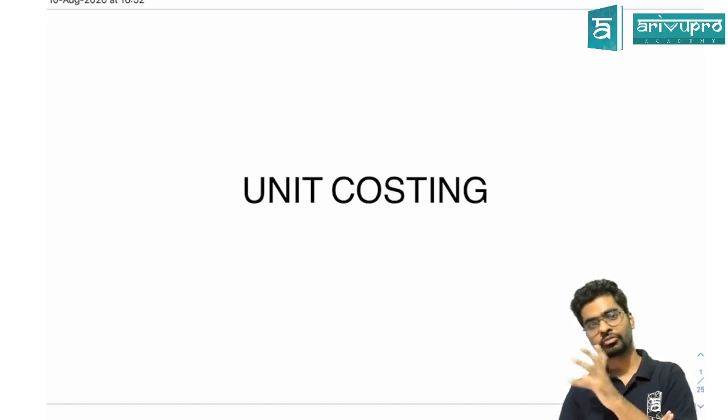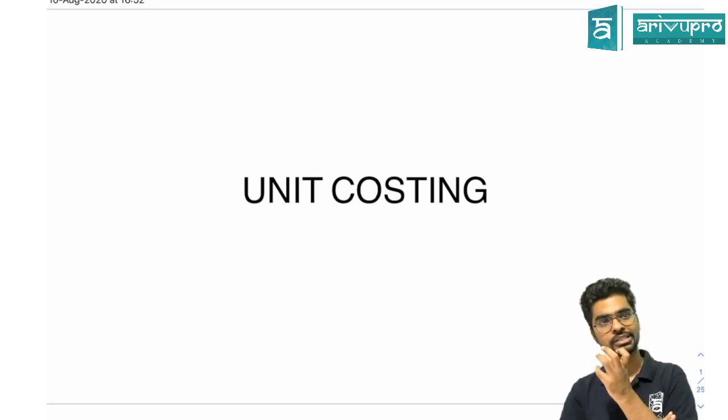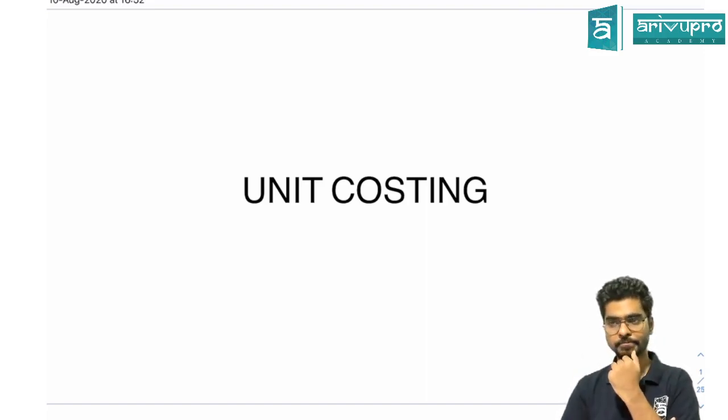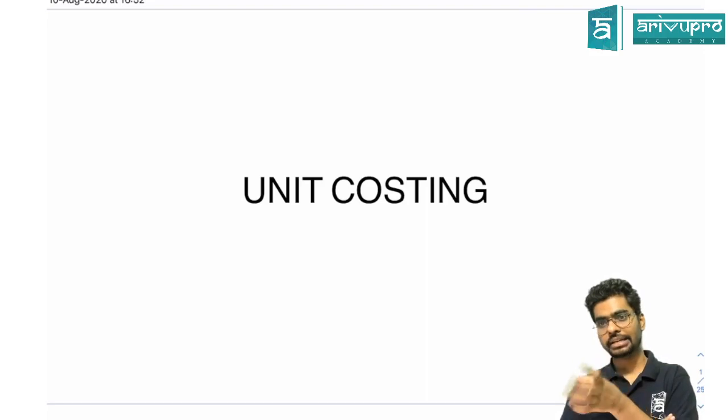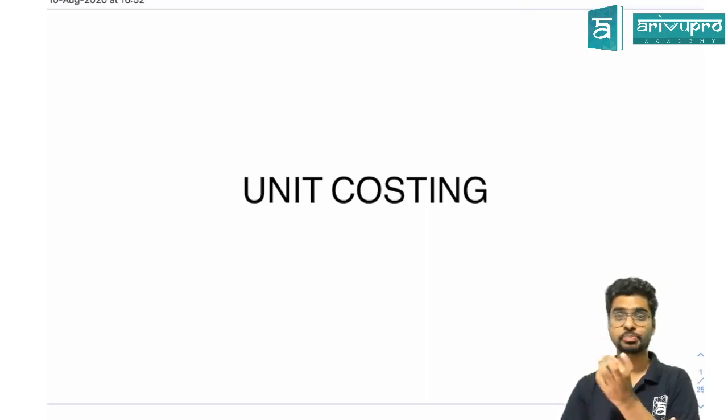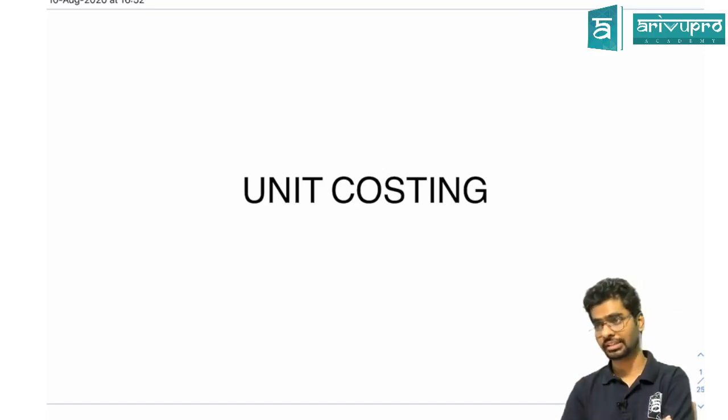Now, before we go in for unit costing, we need to understand the nature of each of the industries. The first one we call specific orders. These are industries which do specific orders of the customers.